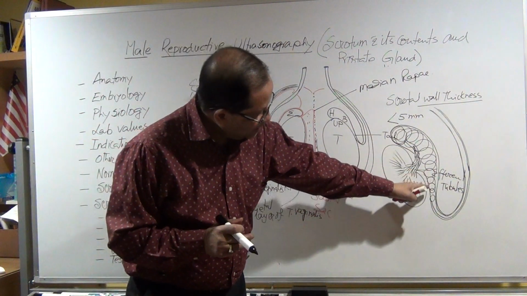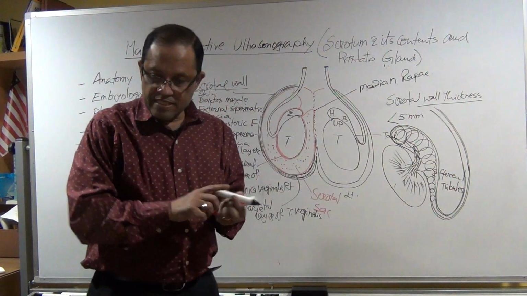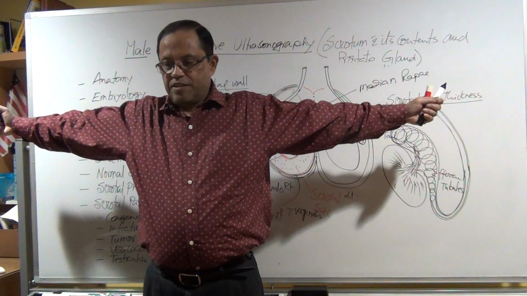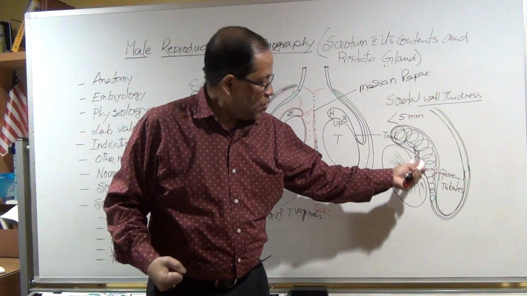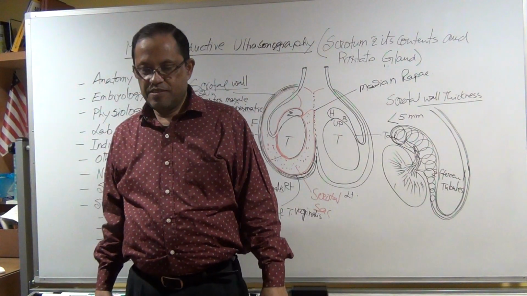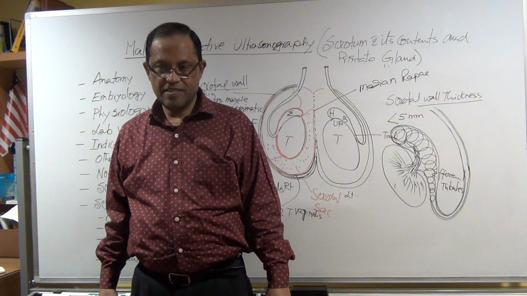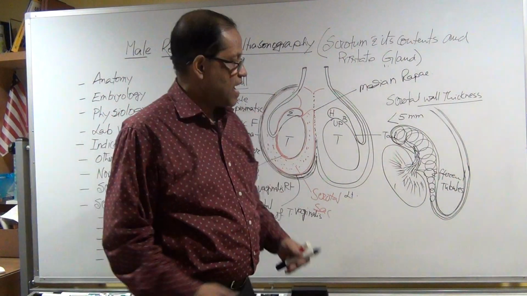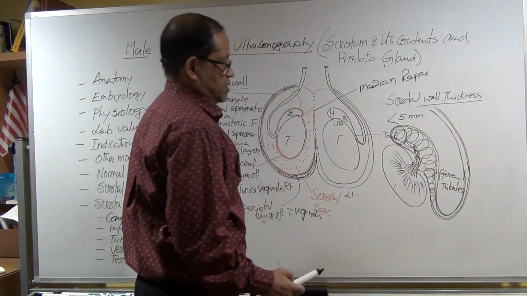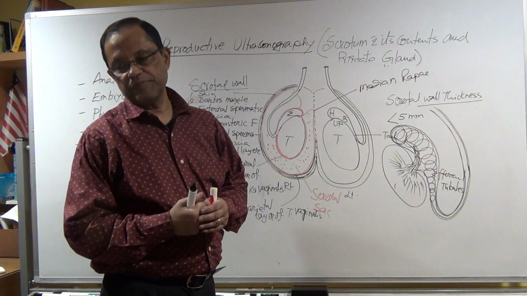If you uncoil this duct or tubes, it is just like a spring, and if you straighten the spring, then they found that the length would be 18 feet. 6 meter means 18 feet. So it contains or stores the sperm, and these sperms are matured sperms.